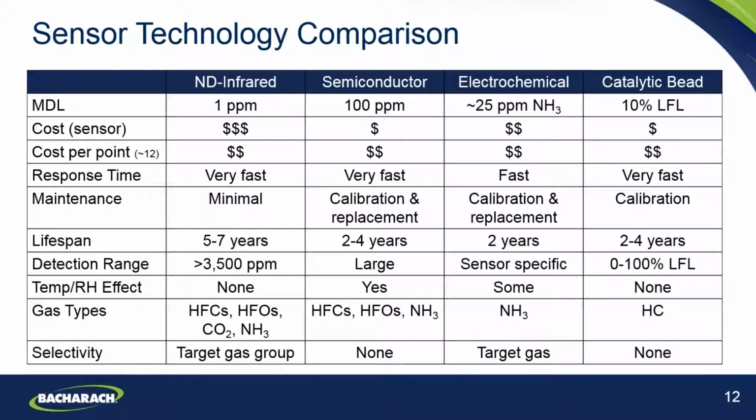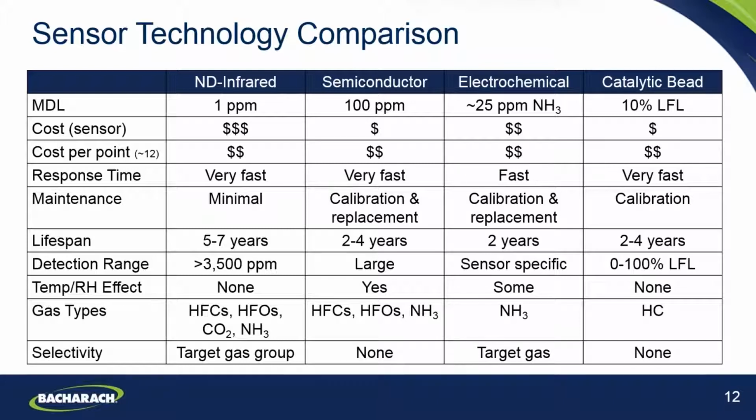Looking at the gas types measured, infrared can be used for monitoring HFCs, HFOs, and also for the natural refrigerants CO2 and ammonia. Semiconductor sensors, again, measure HFCs and HFOs, and can also be used for ammonia applications as well. Electrochemical sensors, as mentioned earlier, are really only applicable for ammonia measurement in refrigeration applications. Catalytic bead sensors, we're really looking at the hydrocarbon refrigerants there.